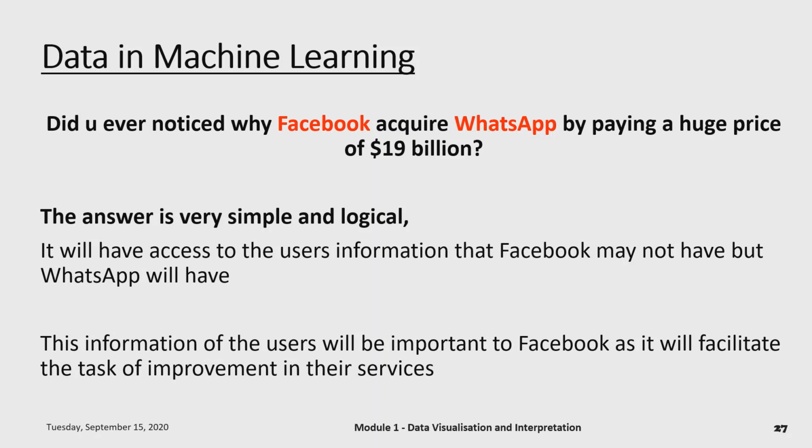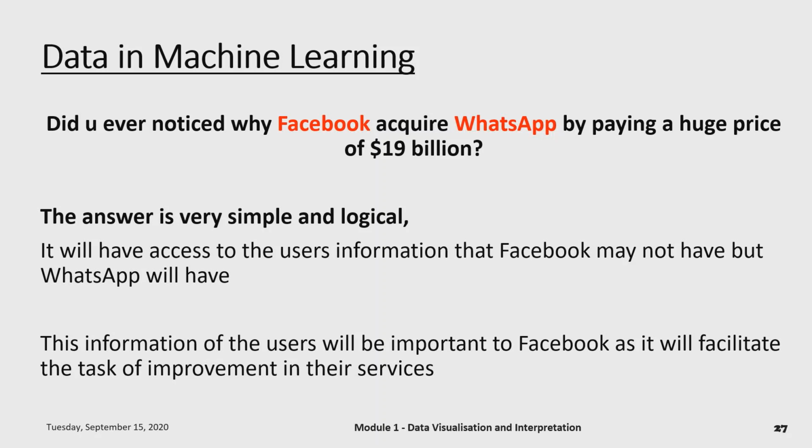Here is some information related to a real time example. Did you ever notice why Facebook acquired WhatsApp by paying a huge price of $19 billion, right? You might wonder why Facebook, such a big company, such a big social media platform, is trying to buy WhatsApp, right? It will have access to users' information that Facebook may not have.